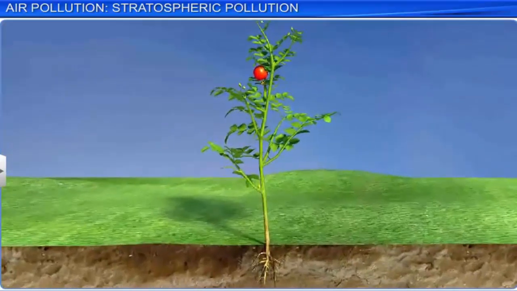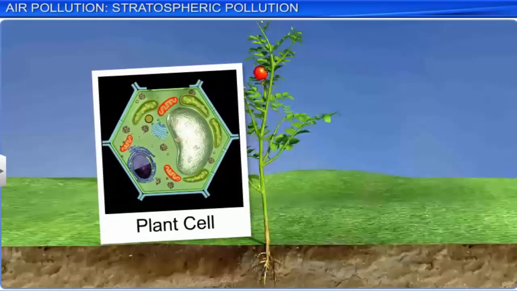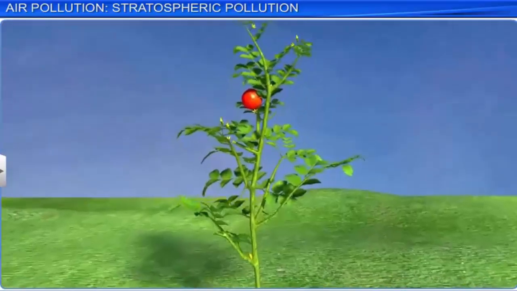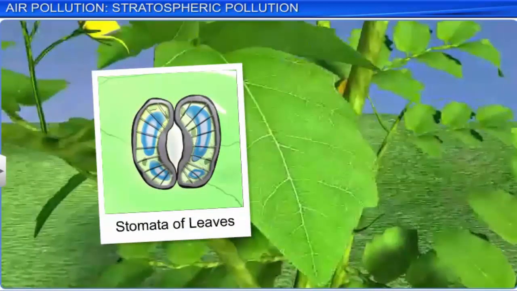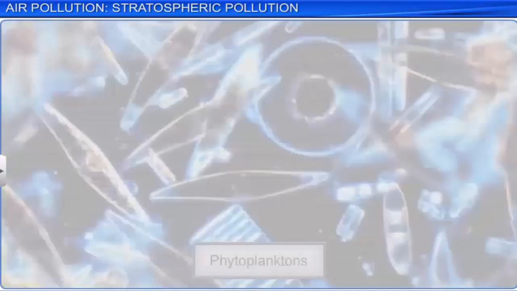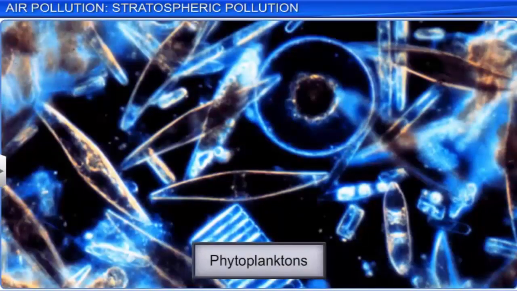In plants, UV radiations cause mutation of cells by affecting plant proteins, increase the evaporation of surface water through the stomata of the leaves, and kill phytoplanktons.